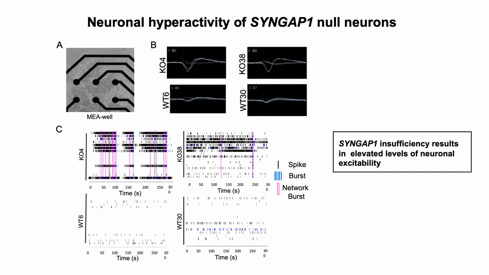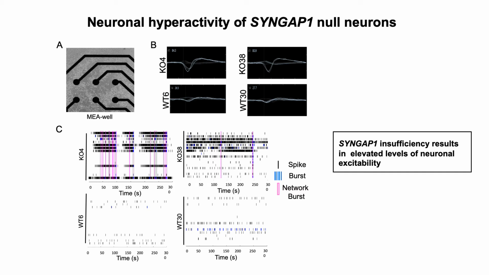Next, in order to look at how the reduction in SYNGAP expression affected neuronal network activity, we employed the MEA system, the microelectrode array system, to record spontaneous network electrical activity from the knockout as well as the control lines. So here is just a bright field image of 1 week old neurons on an MEA well.